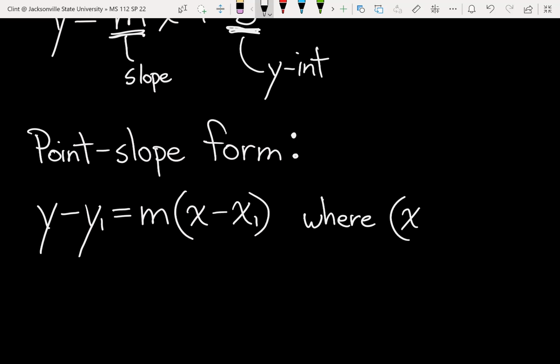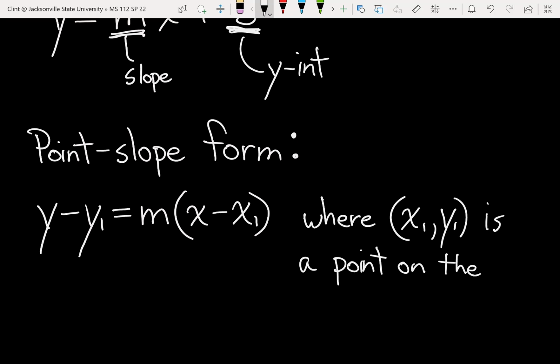The point x1, y1 is just some point on the line, and m is still the slope, just like it was before.